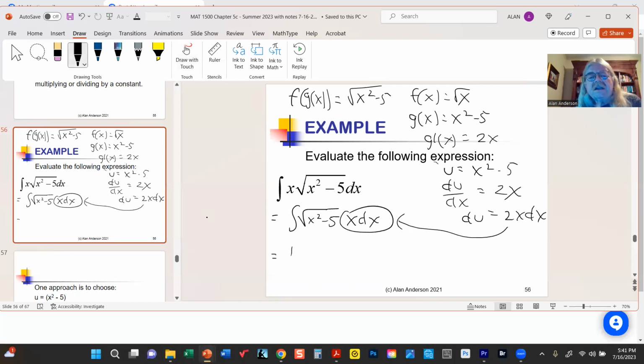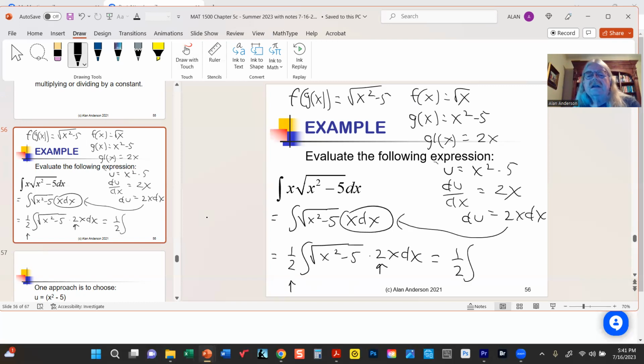So we don't change anything, but look what happens. You'll agree that I haven't changed anything by multiplying. You see the 2 here and the half cancel each other out. But all of a sudden, I've got exactly what I need. I've got the integral of u to the 1/2 du.